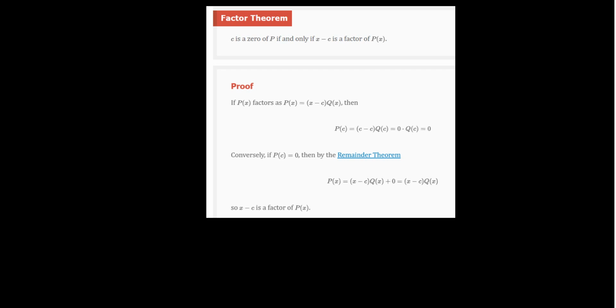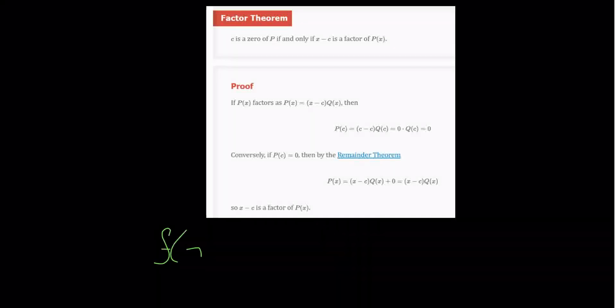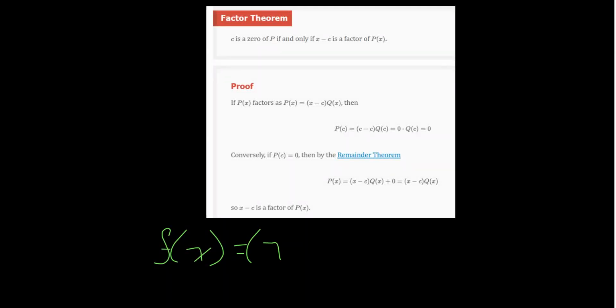What this is saying is that some constant C will be a 0 of P. Let's say we have f of x equals (x minus 3)(x plus 2).